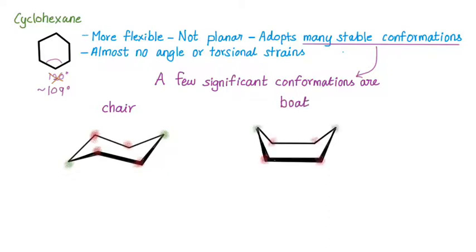And in the boat, again, there are 4 carbons on a plane, and the 2 carbons are not on the plane. So these 4 are on a plane, and these 2 are not on that plane. Now, if you draw the Newman projection, we can understand why chair is more stable and boat is less stable.